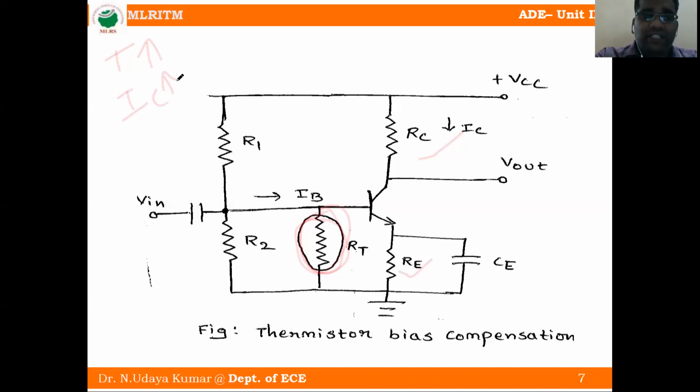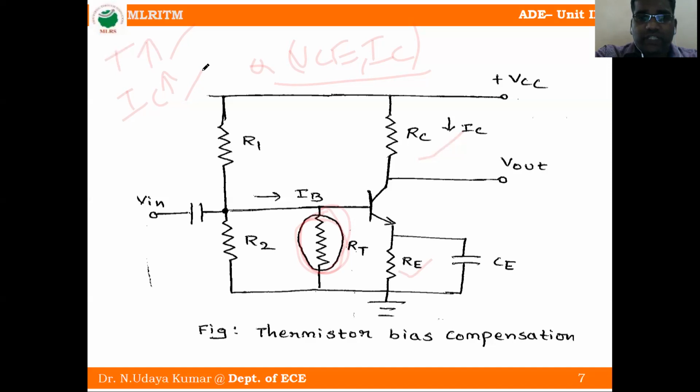If IC increases, our Q point, VCE comma IC, may vary. This is the Q point we have to maintain constant, at a stable value. So if temperature increases and IC increases, we have to reduce this IC value. For that reason we connect a thermistor across R2 and RE.